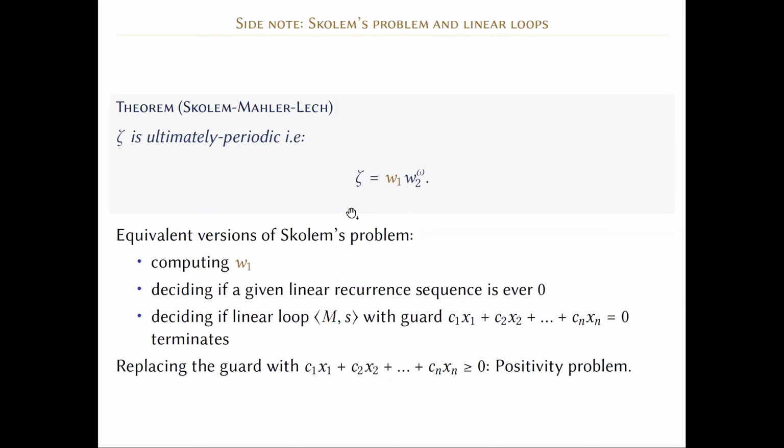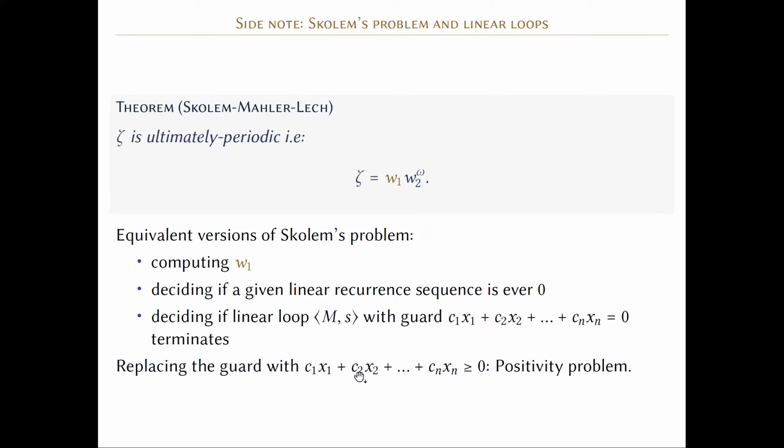To be able to decide whether the sign pattern contains a 0 at all, we need to decide whether W1 contains a sign pattern that contains a 0 or not, which we are unable to tell at the moment. And this is equivalent to, in terms of linear loops, deciding whether a linear loop with a guard that is a hyperplane ever terminates.